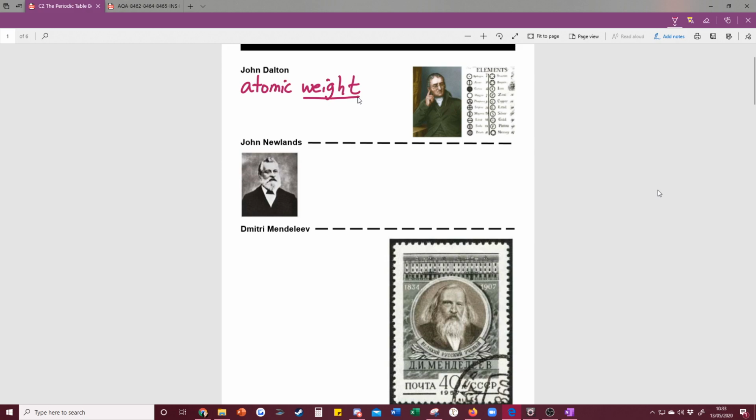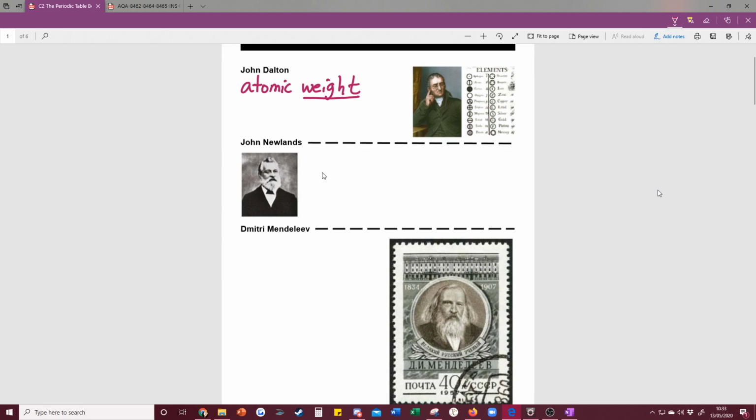And there is a small difference between mass and weight that we're going to go into in another topic, but right now I do want you to be aware that he organized them by atomic weight. So he put them from the lightest element to the heaviest element. That's what he did.